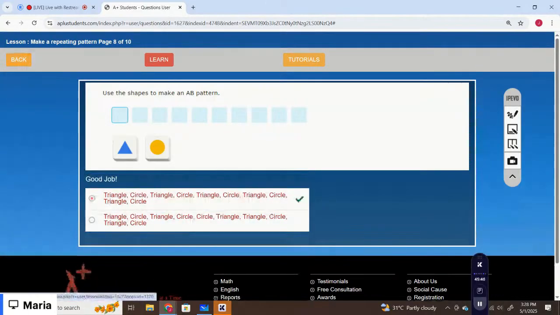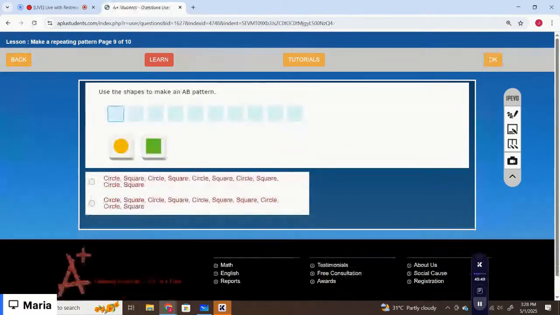Okay, you can complete the lesson. Let's just do the rest of the two. Okay, use the shapes to make an AB pattern. Option number one is the correct option.